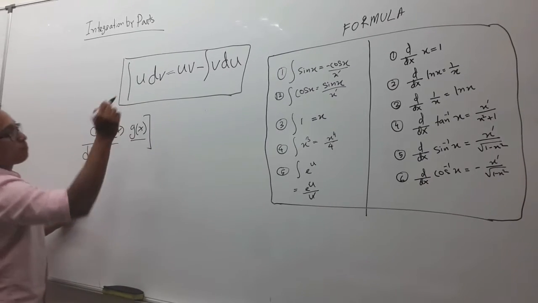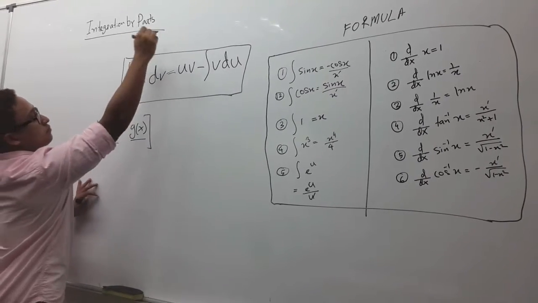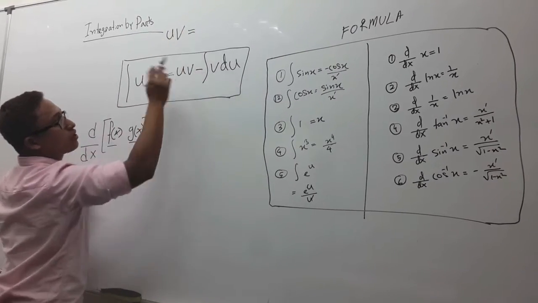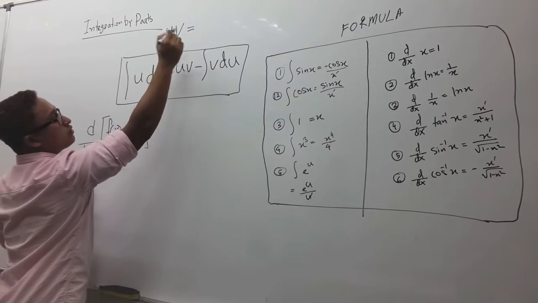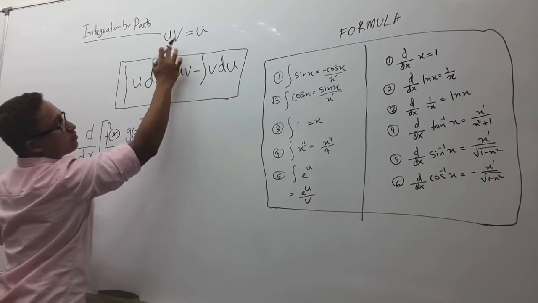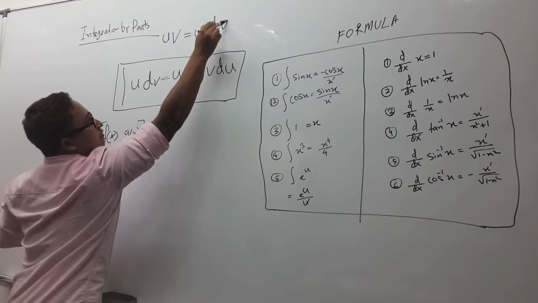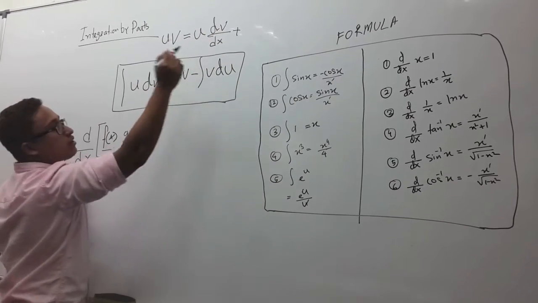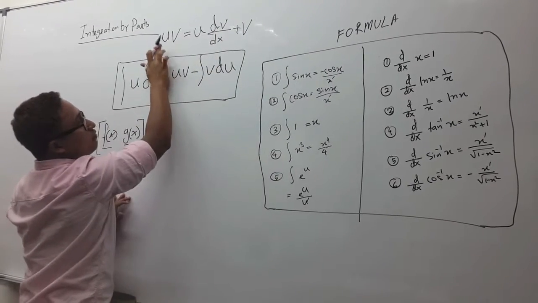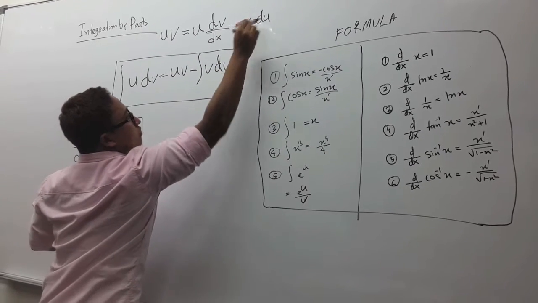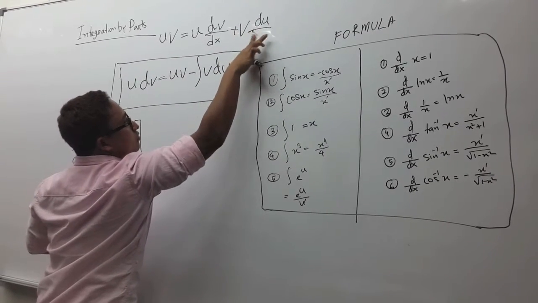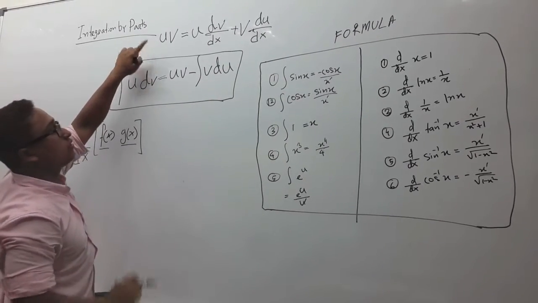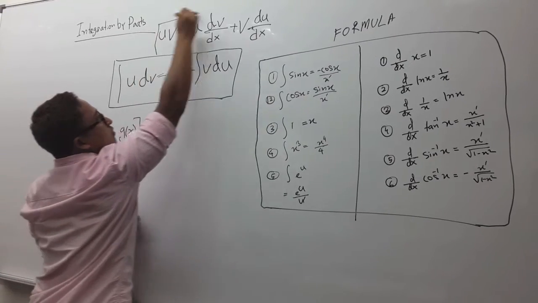Let's say I'm going to write it in here, uv. Using the product rule, if we want to differentiate uv, first of all we have to take u, then the differentiation of v, dv dx, plus we have to take v and the differentiation of u, du dx. This is the differentiation of uv using the product rule.